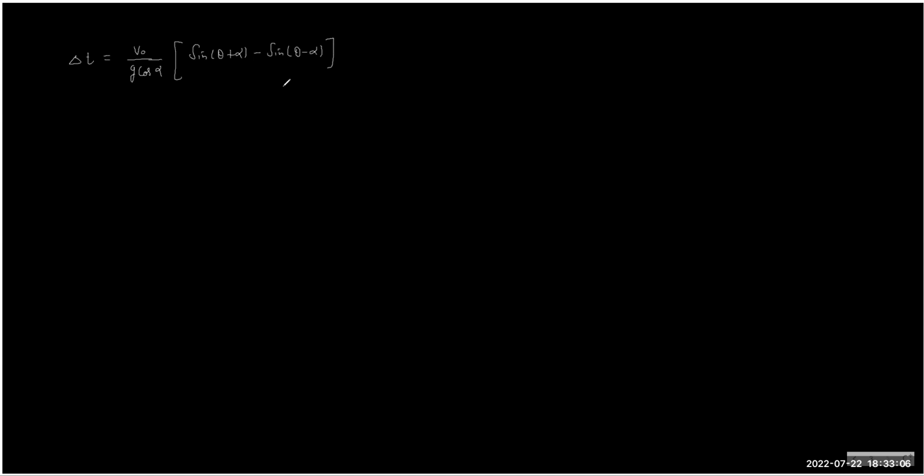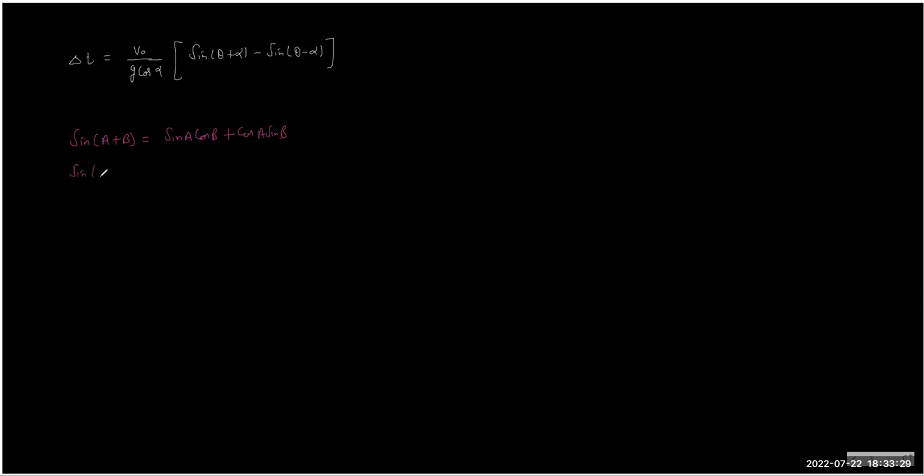Now this requires some trigonometric identities, which let me write down. So sine of A plus B, you might have studied in maths. Have you studied this in maths? Yes, sir. Sine A cos B plus cos A sine B. Excellent.